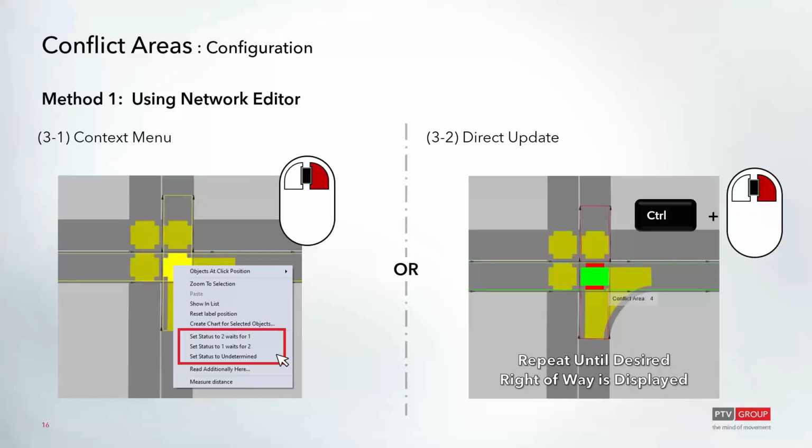You can set the status in there to determine which direction will have the right-of-way. Or you can also press Control and right-click, and if you keep doing that, it'll cycle through each of these different states, and you can visually see which direction you'd want to have the right-of-way, and then you can release all the buttons to leave it in that state.